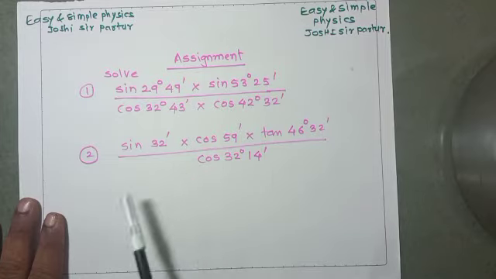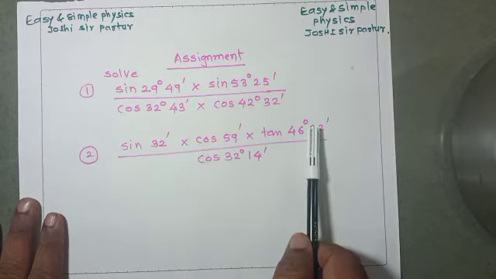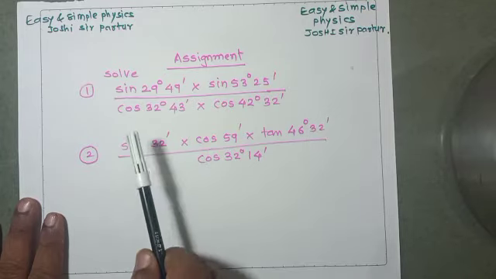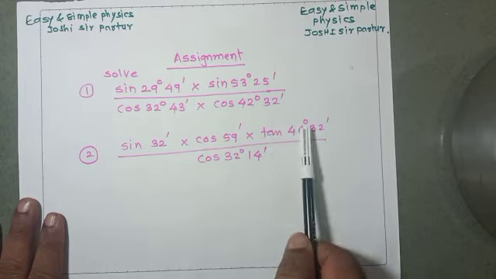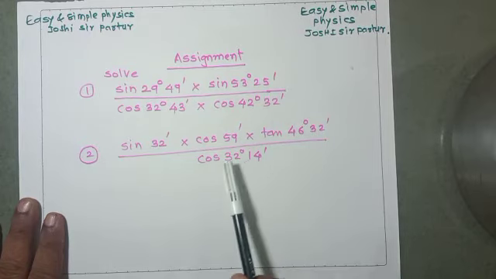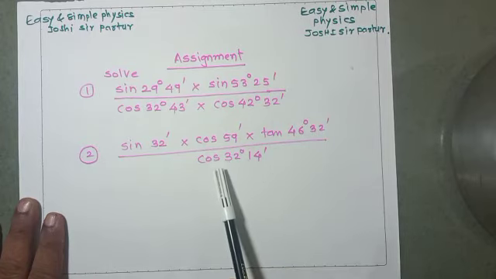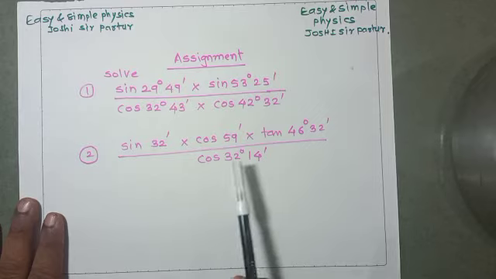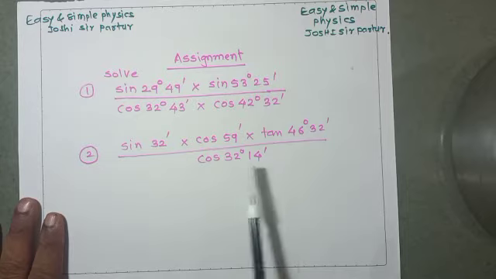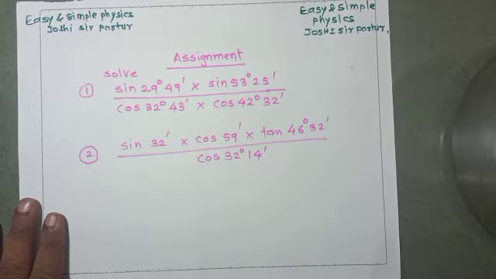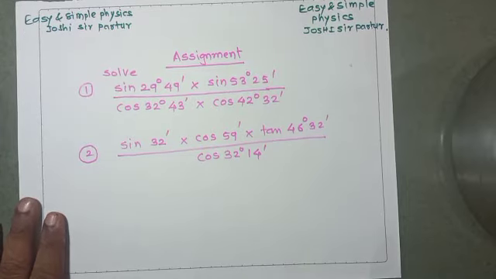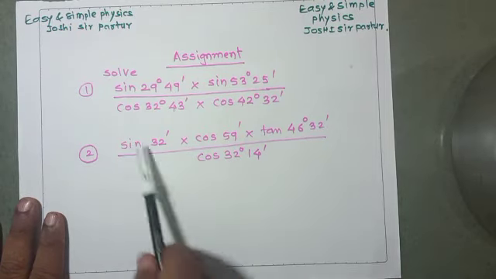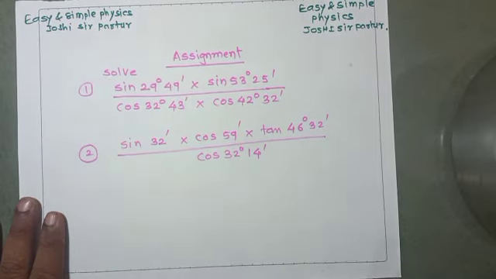Numerator has 3 values, so we add those values, and the denominator has only one value. Subtract the value for cos 32 degree 14 minutes, then taking antilog, you get the answer. These two examples you can also solve for practice.